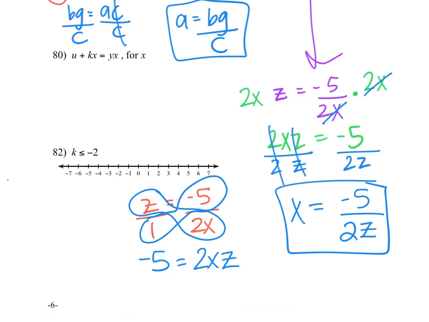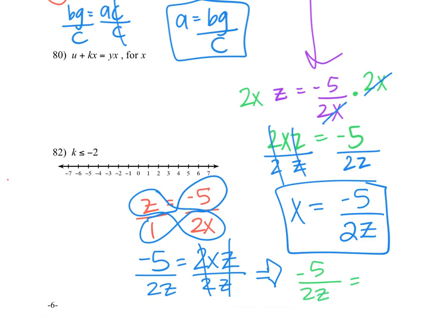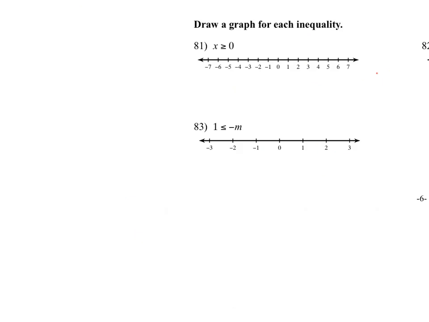And now I'm back to the same spot, so I'm going to divide by 2z, divide by 2z, and I still get the same answer. Negative 5 over 2z equals x. And that's it.